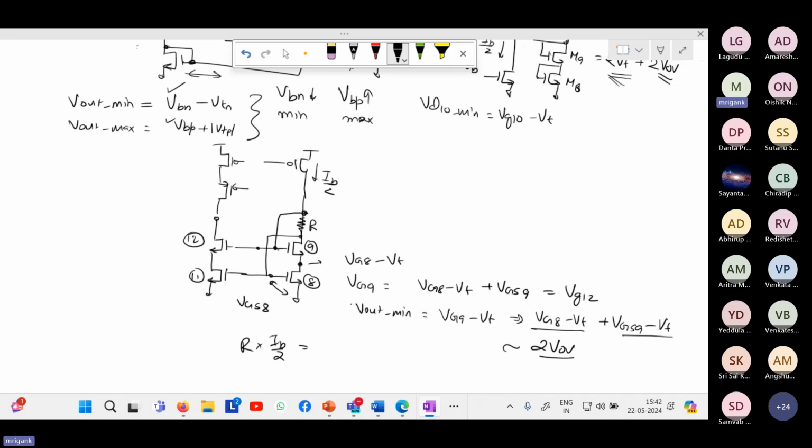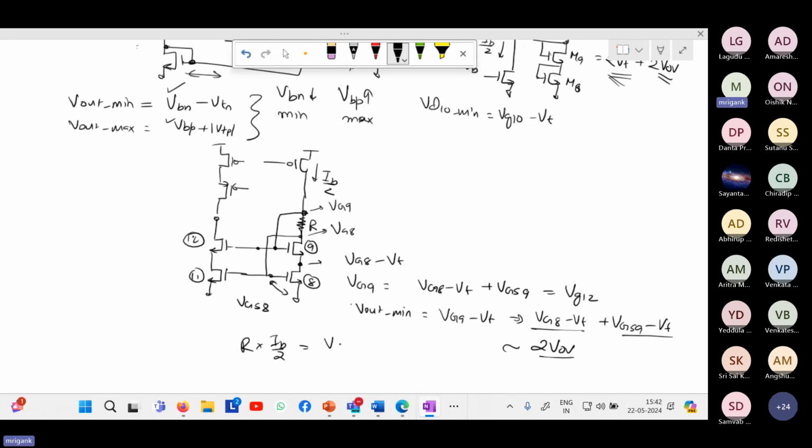This should be equal to VG8 minus VG9, right? Because ultimately this node is VG8 and this node is VG9. So VG8 minus VG9 should be equal to IB by 2 into R. So IB can be accordingly found out.